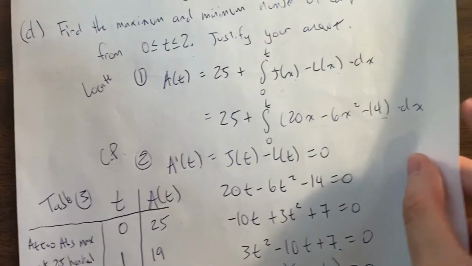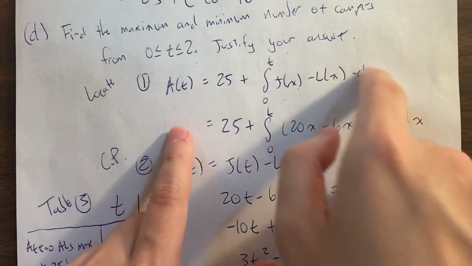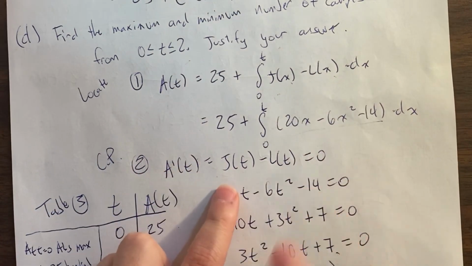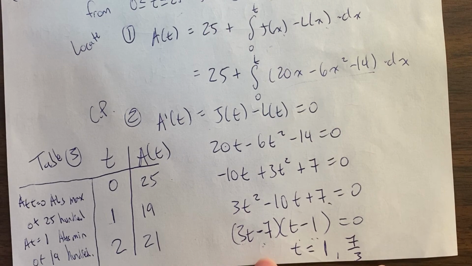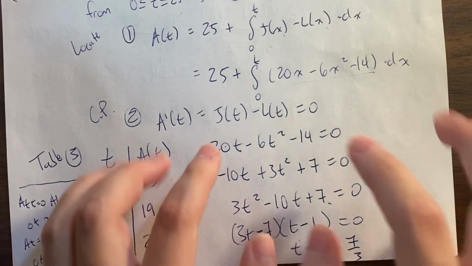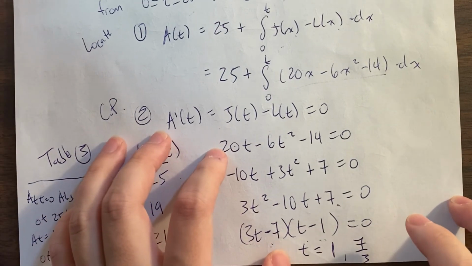Finally, max or min is usually of the amount formula in these accumulation free response questions. So we rewrote the amount formula, took its derivative, which is rate in minus rate out, and factored it because we didn't have the use of a calculator. If we did have the use of a calculator, we could have perhaps graphed this and found the zeros using the calculator.